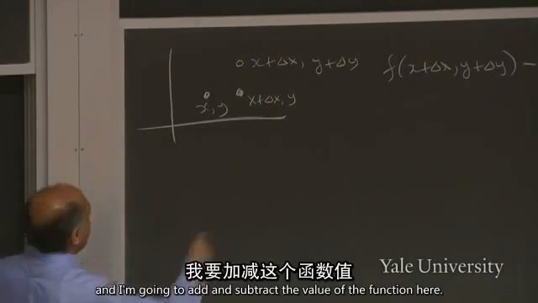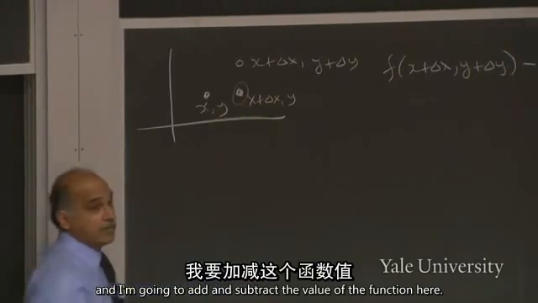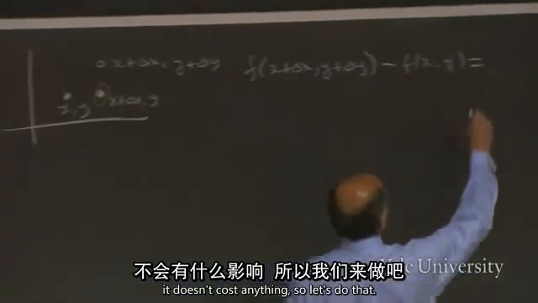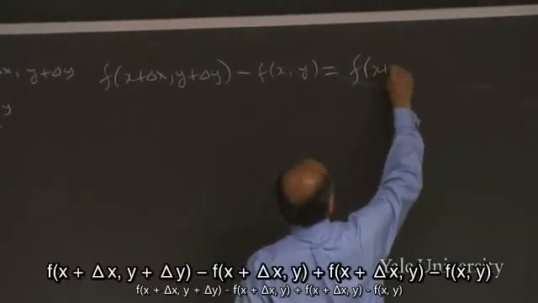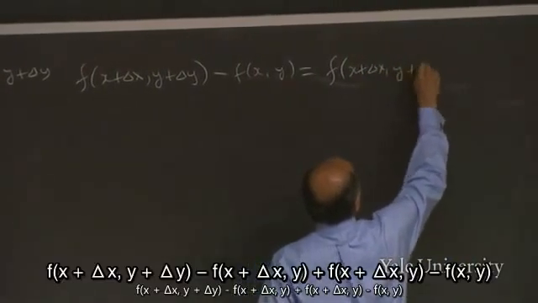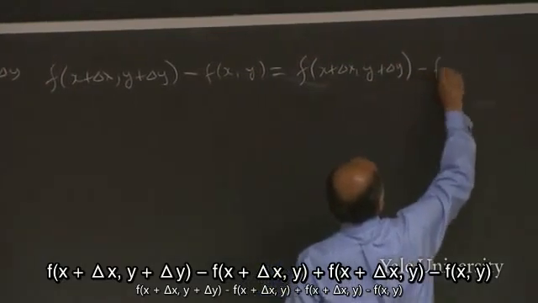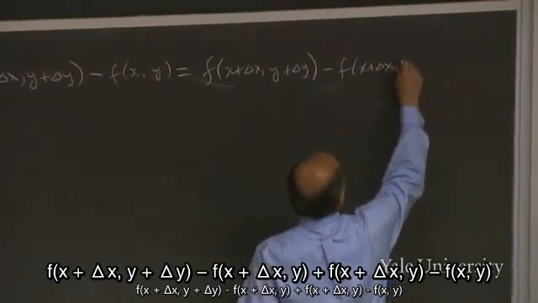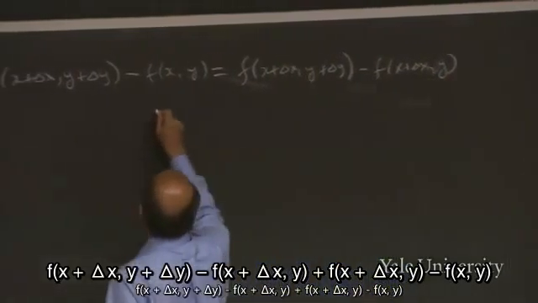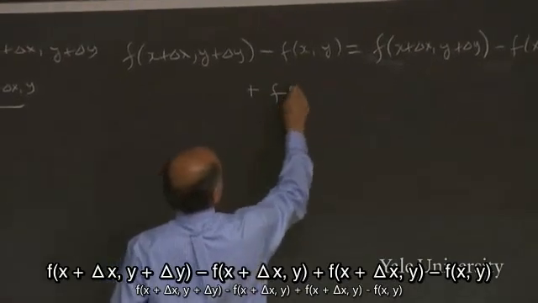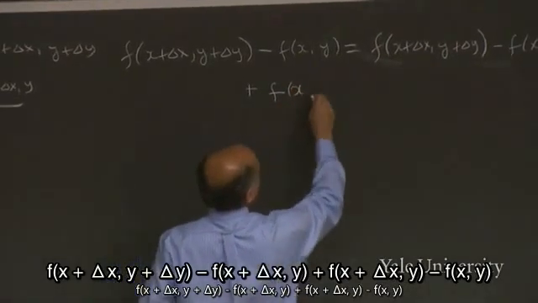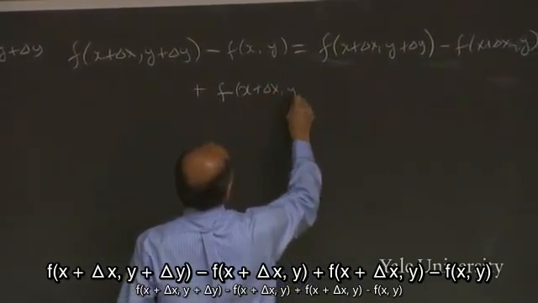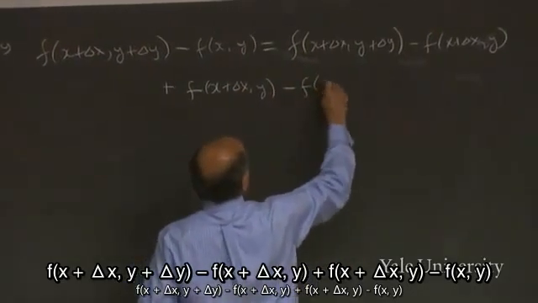And I'm going to add and subtract the value of the function here. Adding and subtracting is free, it doesn't cost anything, so let's do that. Then what do I get? I get f of x plus delta x, y plus delta y, minus f of x plus delta x, y, plus f of x plus delta x, comma y, minus f of xy.